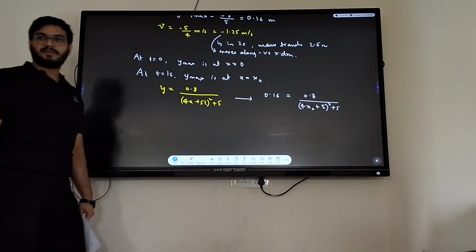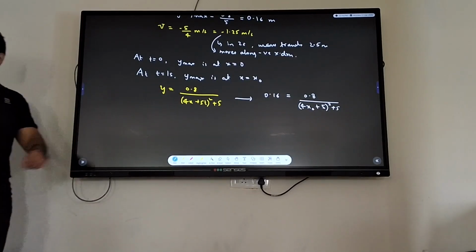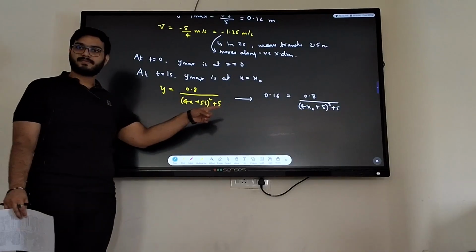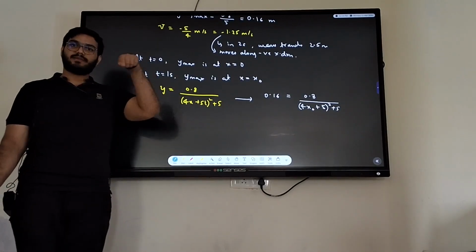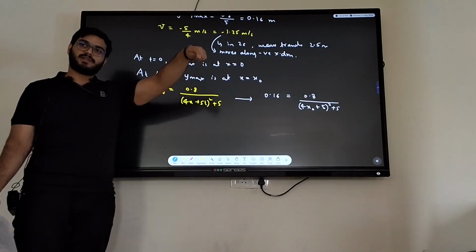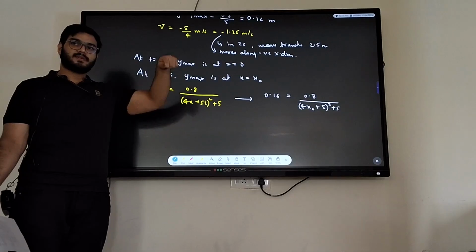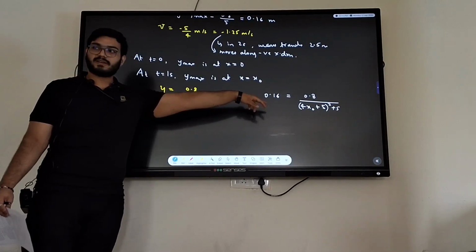If you solve this equation, then try to find what is the value of x naught. Did you understand the process which I am adapting? I am trying to track the peak. At t equal to 0, my peak was at origin. After some time, 1 second, where is my peak now? So can you solve this quadratic equation? Tell me the roots.